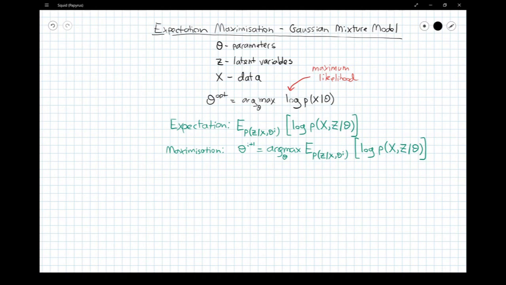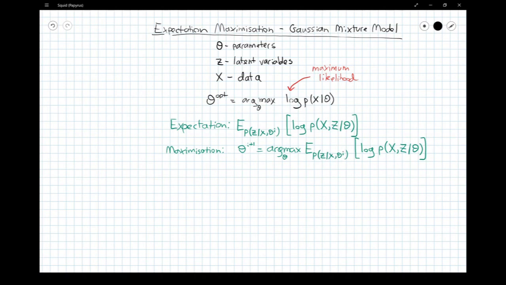And then we showed that if our current best guess of theta is theta superscript i, and that we calculated the expected value of log p of x and z given theta with respect to this posterior distribution over z, and then we maximise that thing with respect to theta to realise theta i plus 1, then theta i plus 1 has to be either equal to or better than theta i.